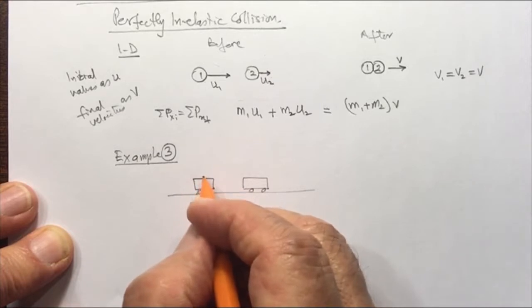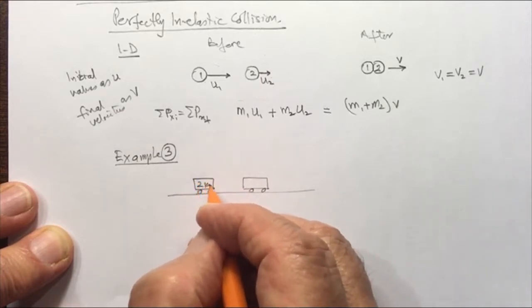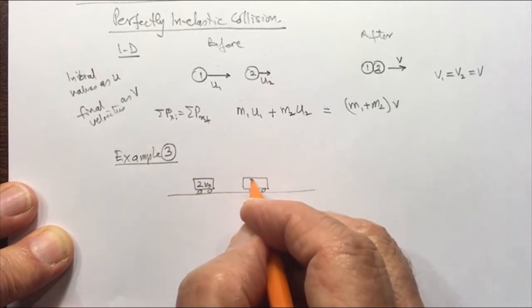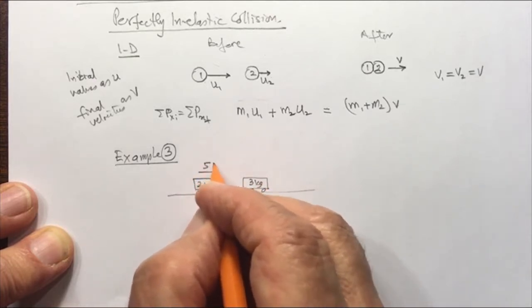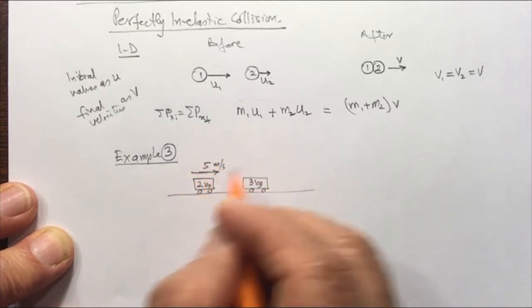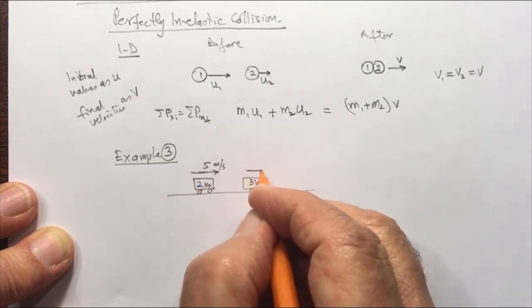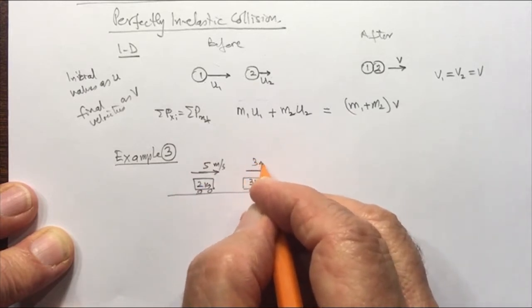This one has a mass of 2 kilograms and this has 3 kilograms, and this is moving to the right at 5 meters per second, and this is moving to the right at say 3 meters per second.